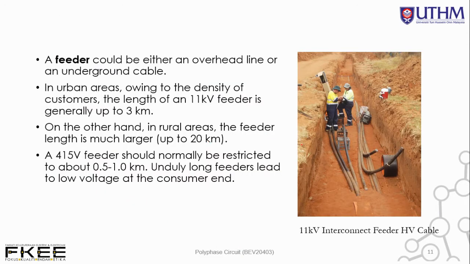So the feeder, the cable over here, could be either an overhead line or an underground line. What we see here is actually an underground cable. In urban areas, where the density of population is high and many people live in a very compact area, the length of an 11 kV feeder is generally up to 3 kilometers.